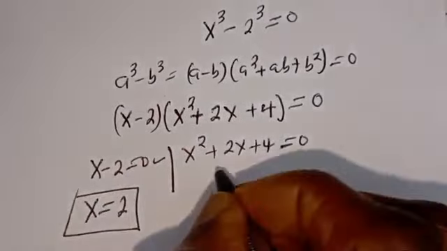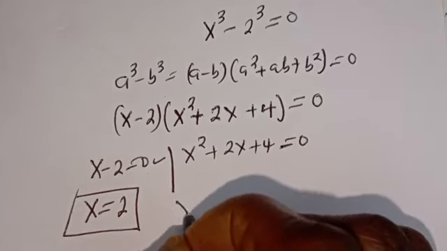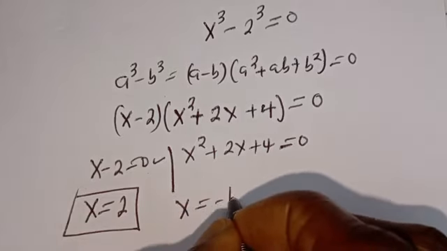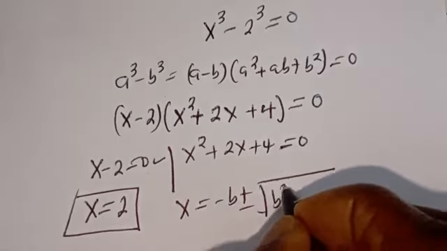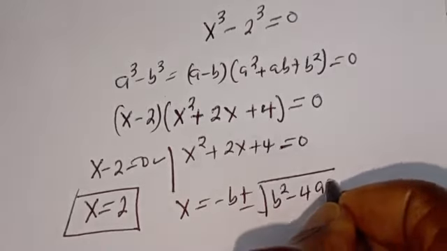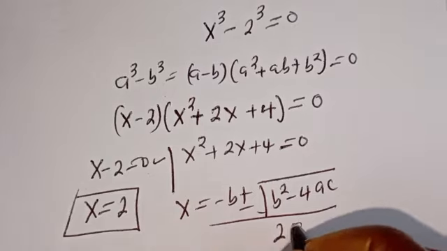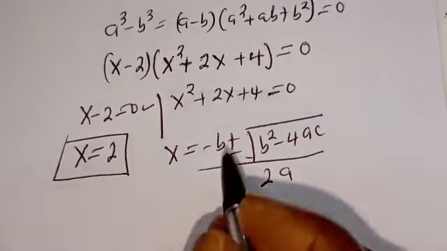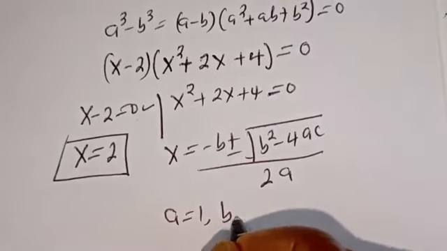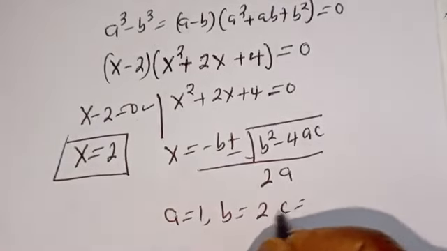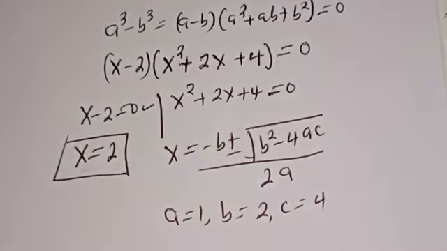Then also from the second case, we use the quadratic general formula. s is equal to minus b plus or minus square root of b squared minus 4ac divided by 2a. And from this equation, a equal to 1, b equal to 2, c equal to 4.